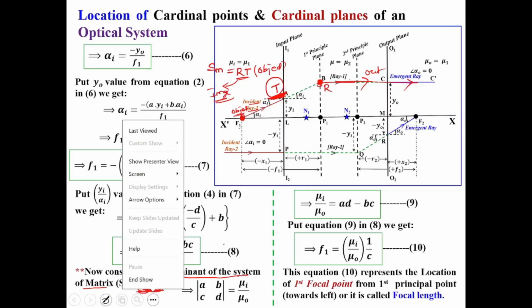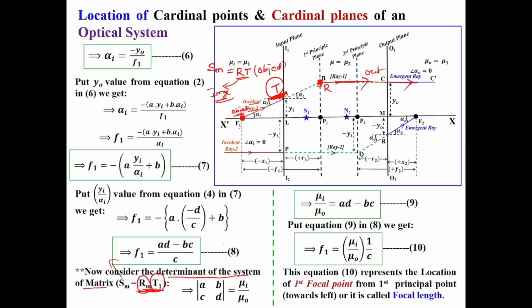If both are multiplied with each other, then this system of matrix is also a 2 cross 2 matrix. Okay. In general, we consider the system of matrix as A, B, C, D. And here this determinant value will be equal to mu I by mu O. Why it is so and how, here carefully you just watch.